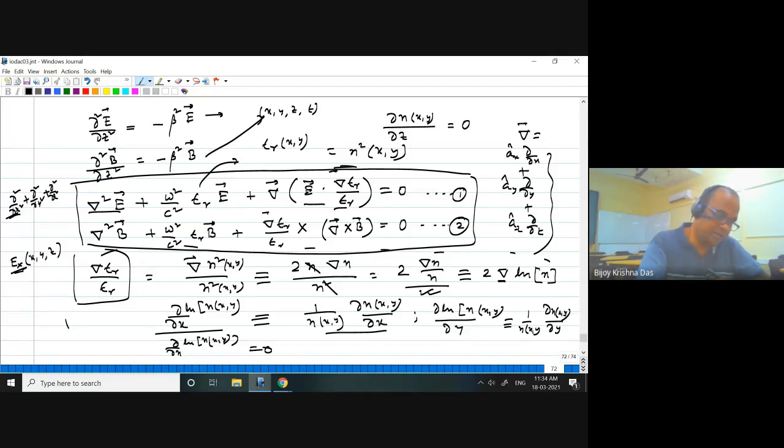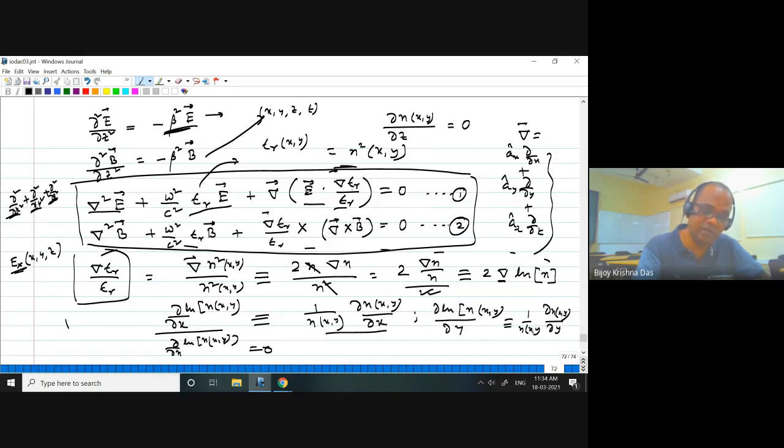So if I consider the x component I am writing here, multiplying here, and for the x component when I make a derivative with respect to z, you are supposed to get beta square, because this is the thing we know. So I have the 3 equations, and from the second term I am taking only the x component. And this one, del epsilon r, you are considering is actually xy dependent.